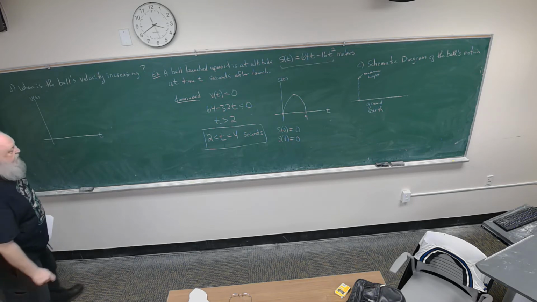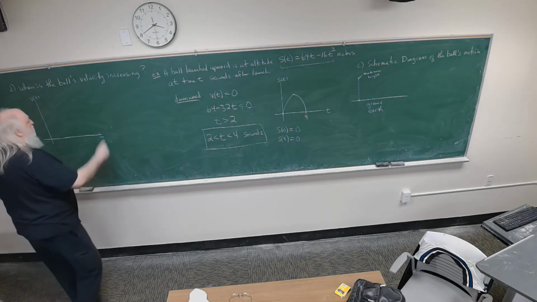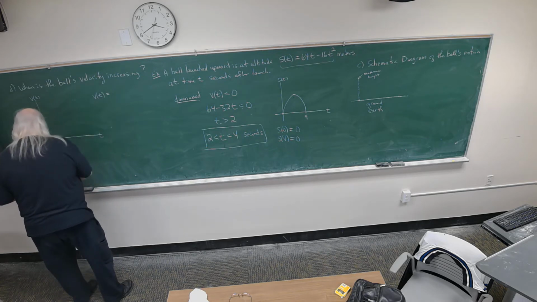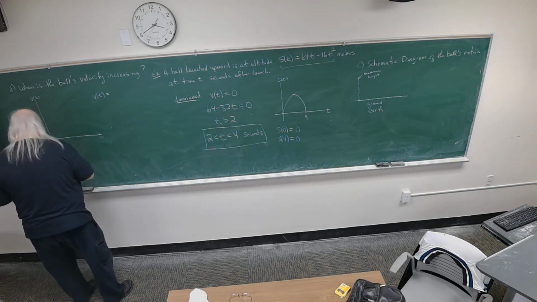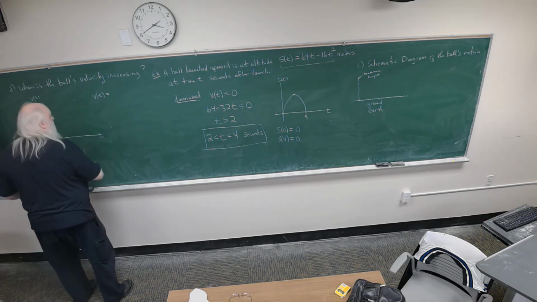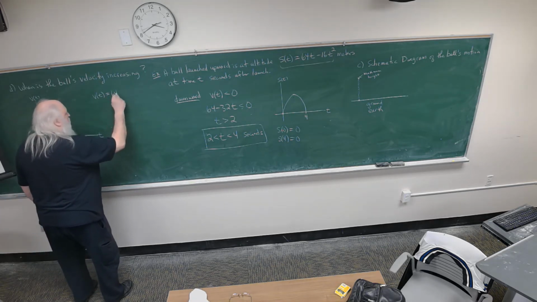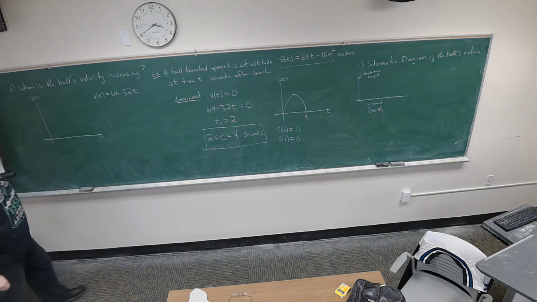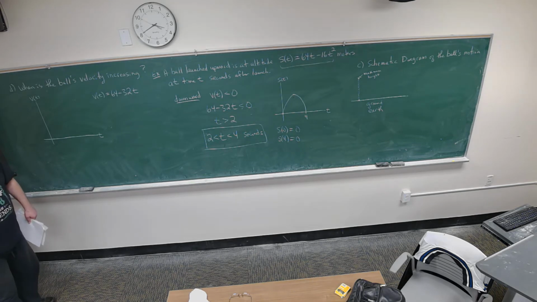So v of t, I erased it, but v of t is equal to, what is it, 64 minus 32t? What kind of function is that? Linear.